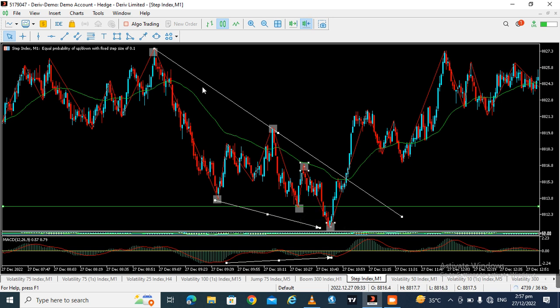If you mark out this order block, expect price to come and do some manipulations within this zone, which it finally did.